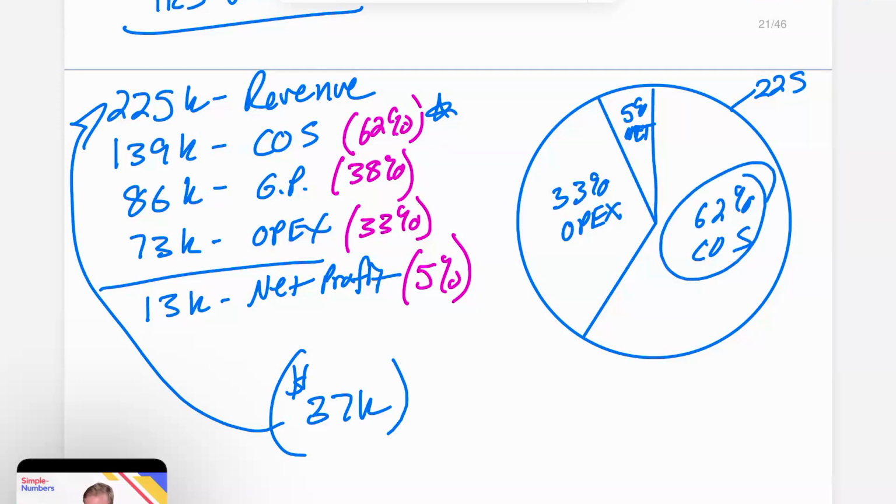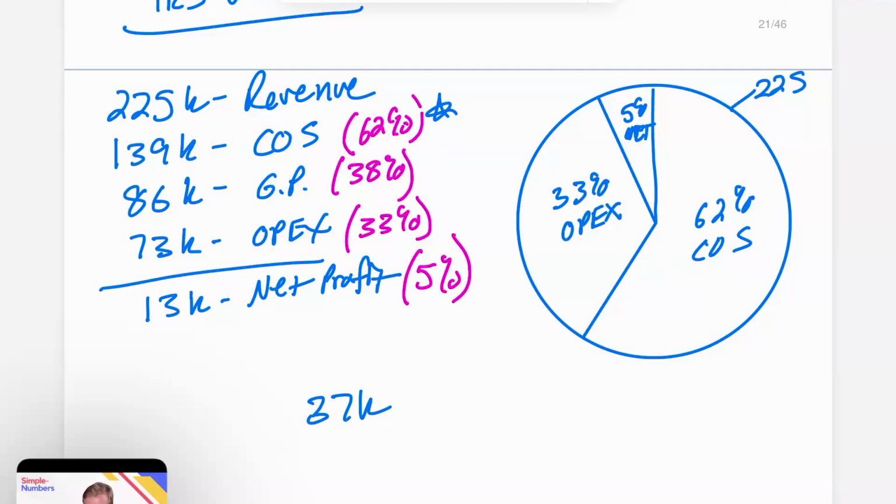So on paper, it says we have a 62% cost of sale. It's not accurate, because that includes $37,000 of revenue where there was 0% cost of sale. So we need to adjust for that and look at the business as though we were paid like an agent as the owner. The second thing we're going to adjust for is the owner's salary. Why? Because they're paying themselves because they're an S corp and the IRS requires it. So it looks like they made less money than they actually did.